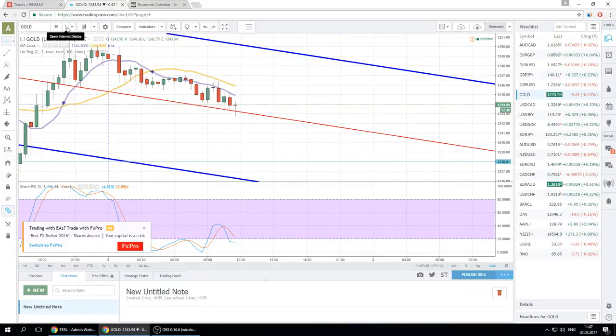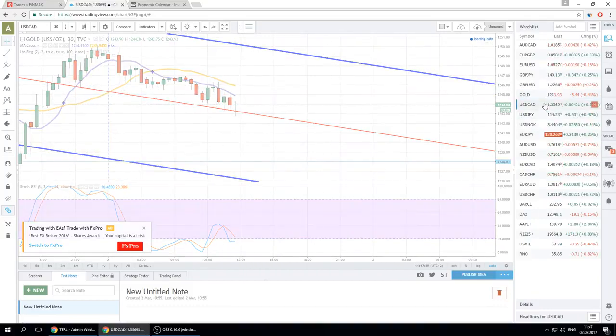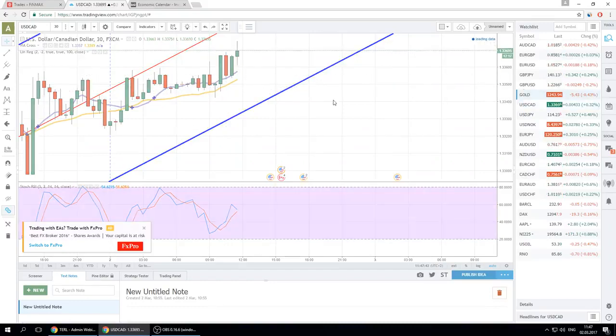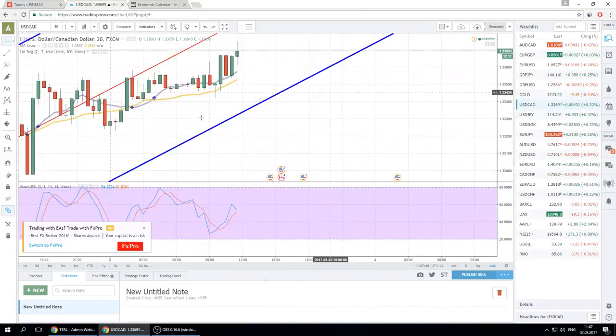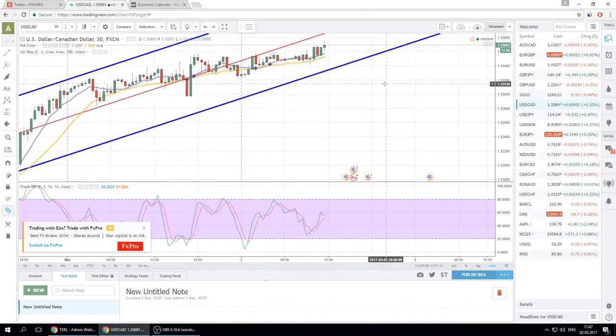In 12 minutes that candle will be closed, but before that my trade on gold will be closed. So this candle will tell what to do in the following step, whether to open the next trade for low.